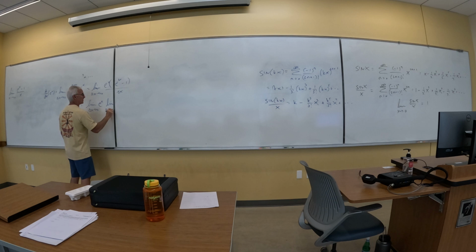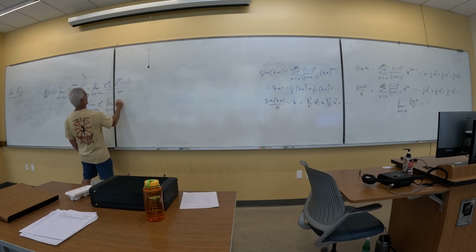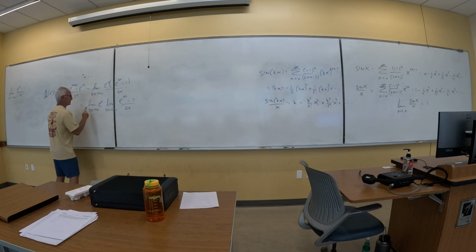Because the limit of a product is the product of the limits. Now, that's easy. There's no delta x in that. That's e to the x.